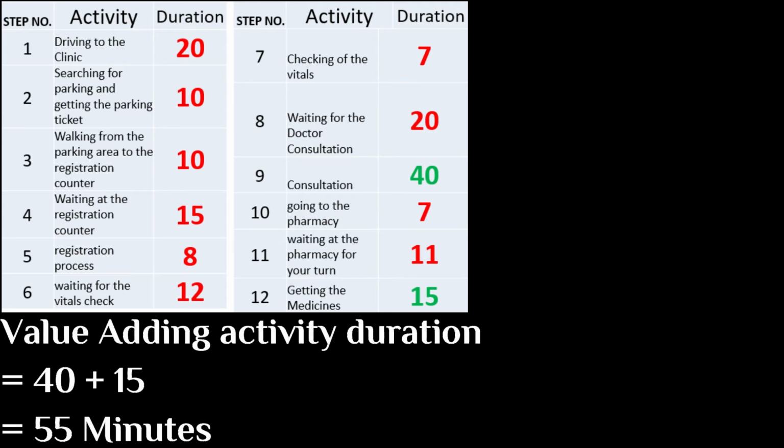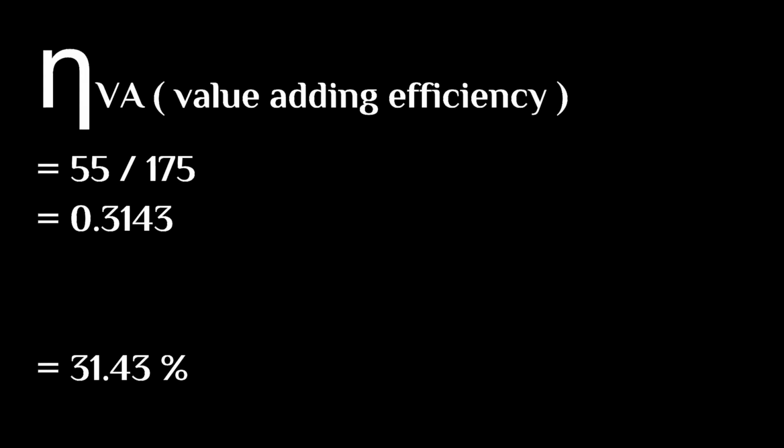Value adding activity duration will be the summation of only two activities, the one having 40 minutes duration and the other having 15 minutes duration. So that is a total of 55 minutes. So therefore, in our case, the value adding efficiency or the VA efficiency will be 55 divided by 175, which comes out to be 0.3143 or 31.43%.